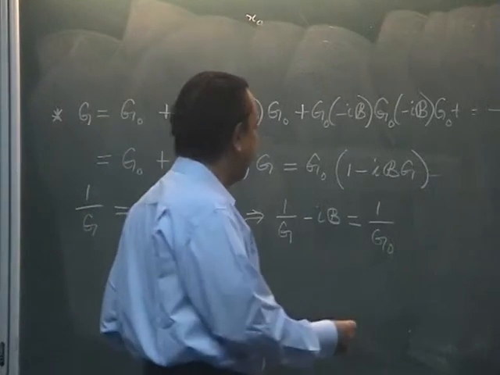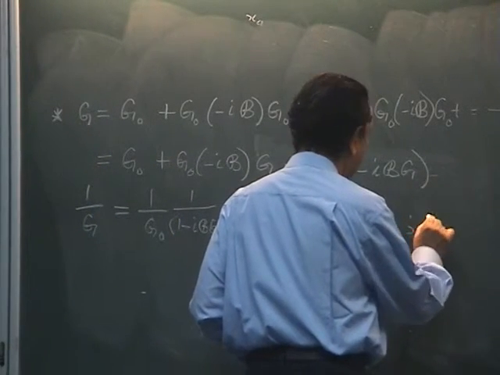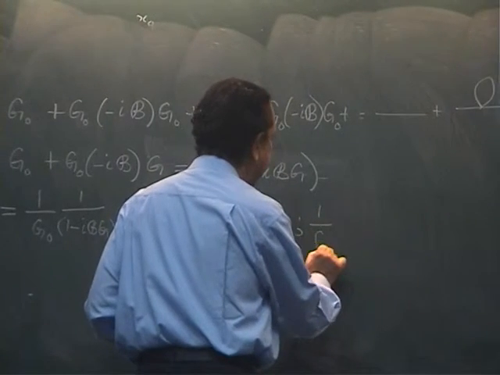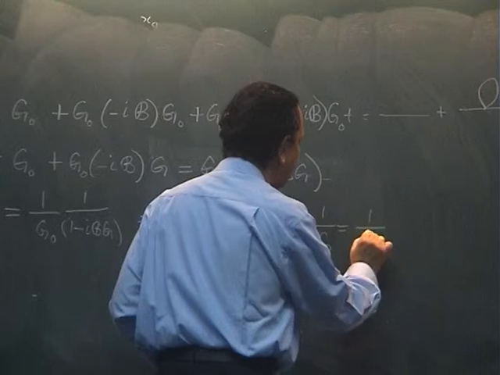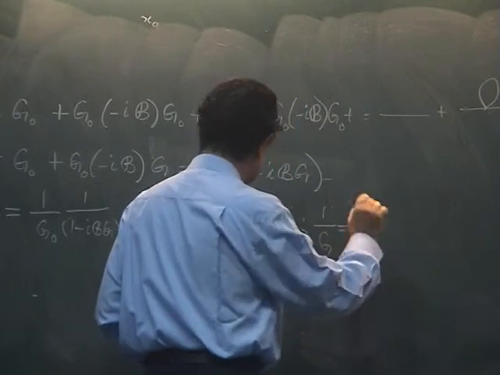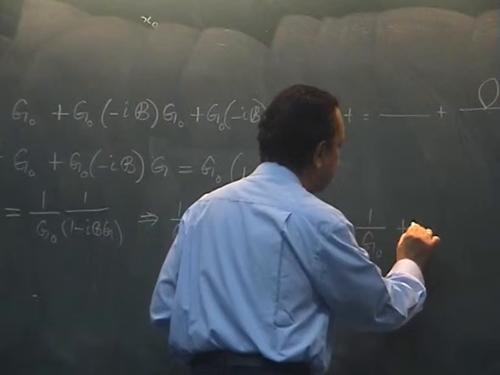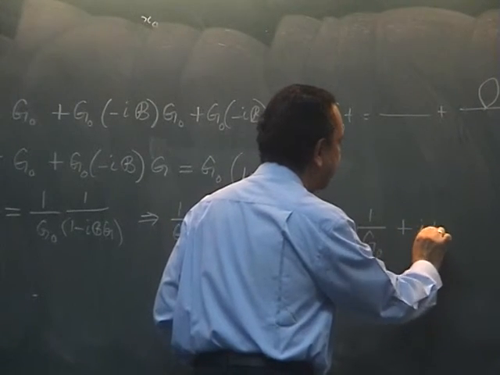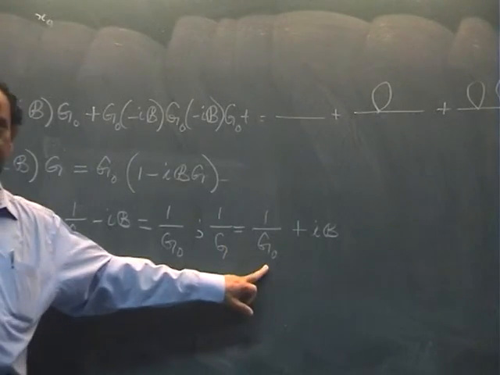So that tells you that 1 upon G is equal to 1 upon G naught, plus i times B. There is no mass renormalization inside so far, but it will come. Right? So this is what I want to find, this is what I know.